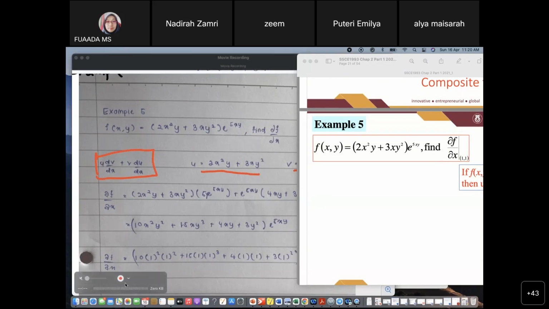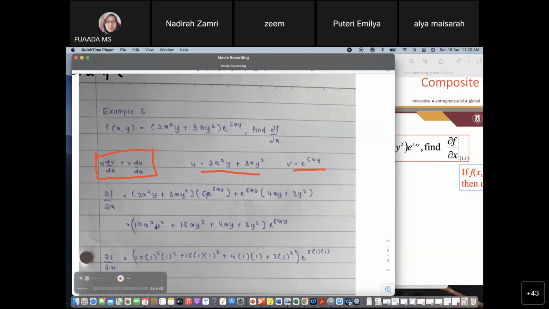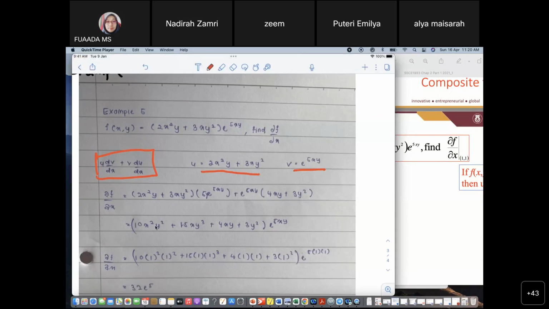Now, because the question is asking for the partial derivative with respect to x, we have to find the ux and then vx.